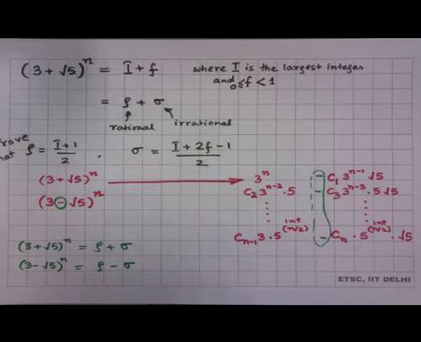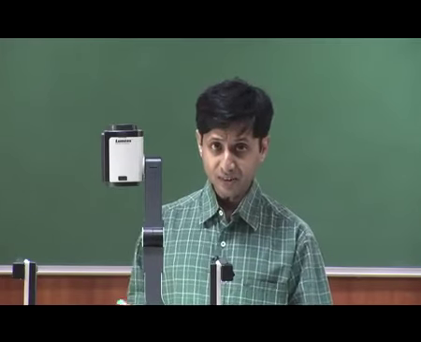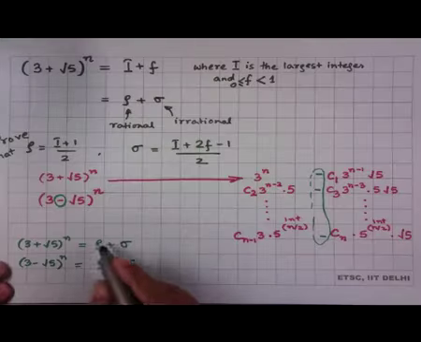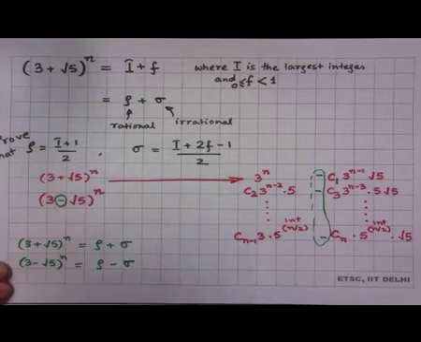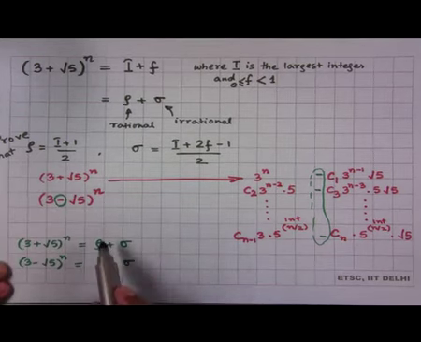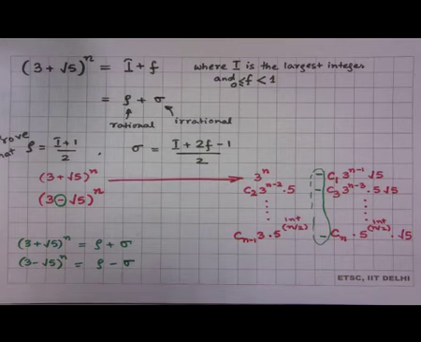Is that okay? This seems reasonable. Okay. In which case, all you have to do to work out rho, so here what are you doing? You are working out rho and you are working out sigma. All you have to do to work out rho, you have to add these 2 and divide by 2. To work out sigma, you have to subtract these 2 and divide by 2, right.